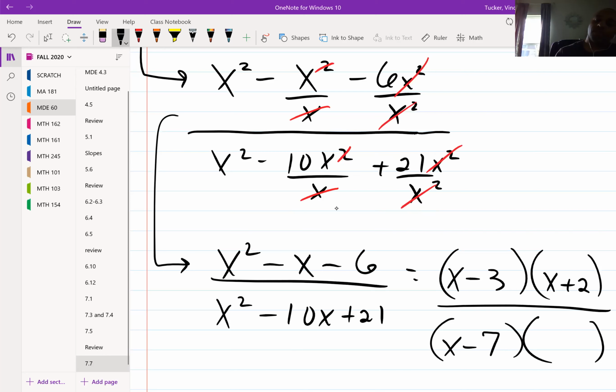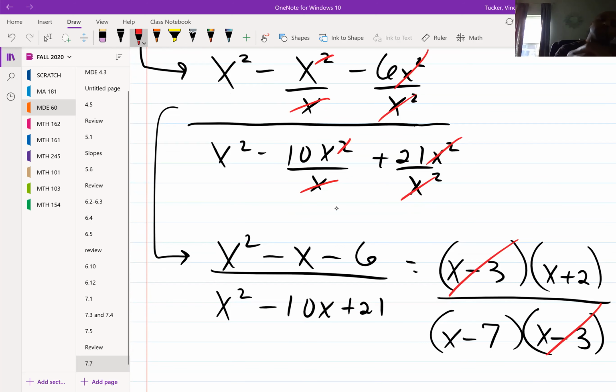X minus 7, x plus 3. Did I leave off a sign somewhere? No, that should be plus. Sorry about that. X minus 7, x minus 3. The x and the 3 cancel out. That leaves us with x plus 2 over x minus 7.